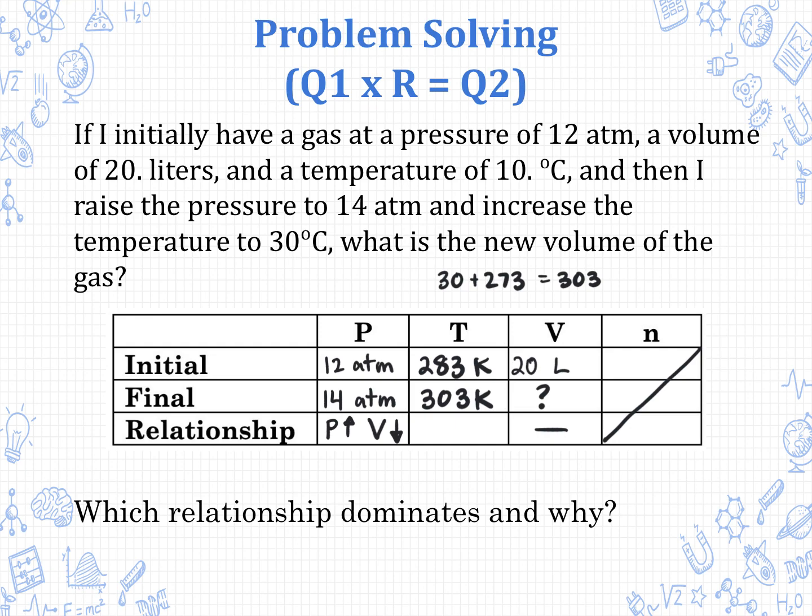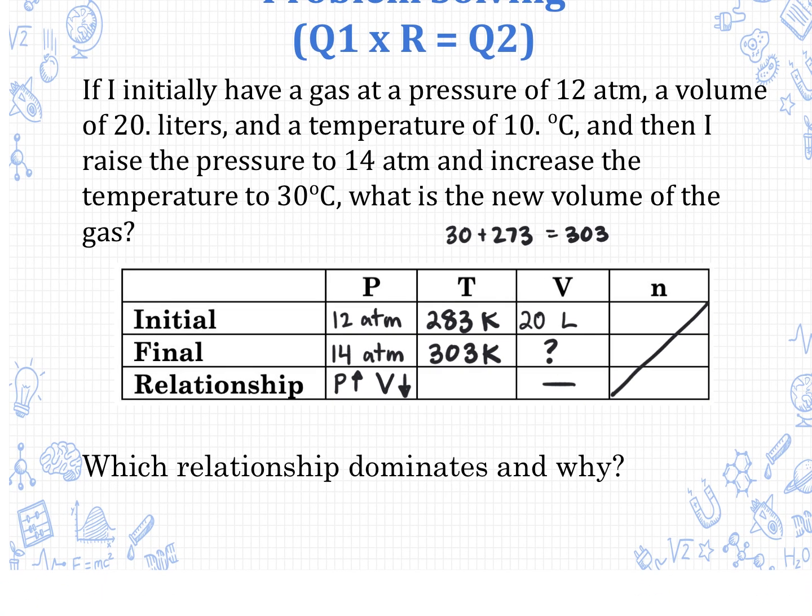So when I set up my relationship for pressure, I'm going to take 20 liters, that's my quantity 1, when I multiply it by the pressure fraction. Since pressure causes volume to get smaller, my fraction here should be smaller than 1. I'm going to put 12 atmospheres over 14 atmospheres because that would make the volume get smaller.